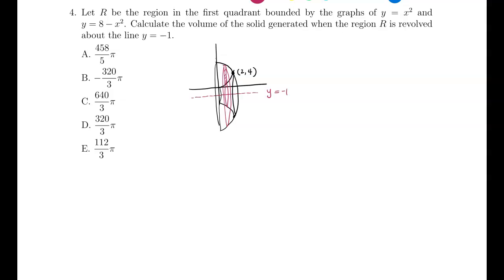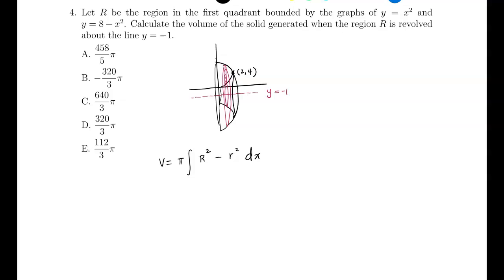So then, to get the volume, we will just have to get the area of the outer circle minus the area of the inner circle. So we will have pi times the outer radius squared minus the inner radius squared. And since we are using a vertical strip, that means we're integrating with respect to x.